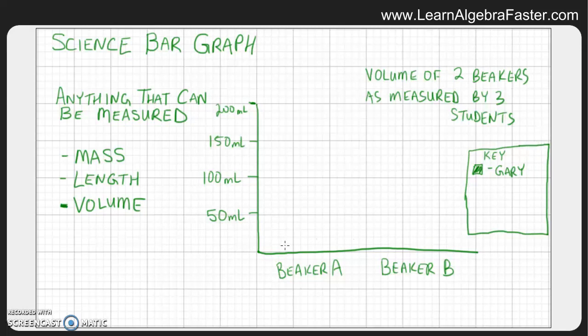So Gary measures the first beaker, and he comes up with it being, let's see, how about 160 milliliters. And so Gary, as we defined over here, Gary's green. So we're going to fill in Gary's bar as green.